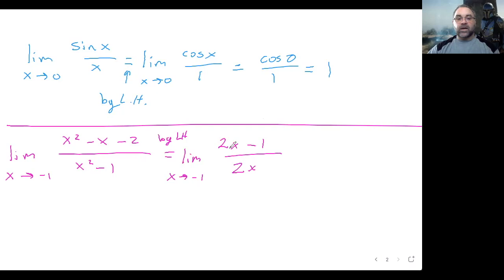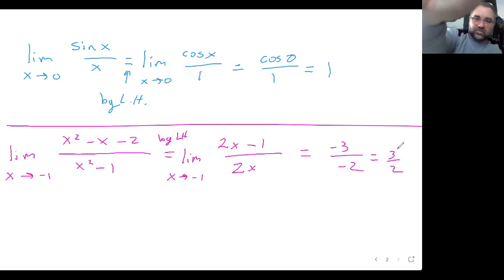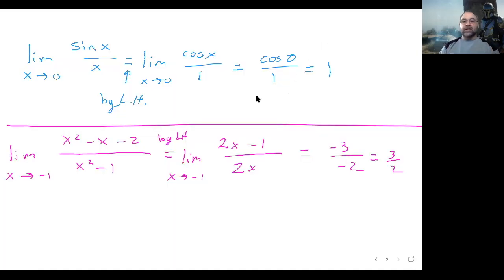You get 2 times -1, minus 1, and we get negative over negative, so we get a positive 3/2.